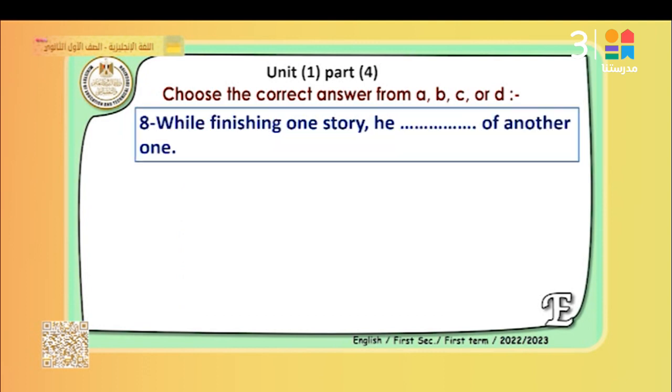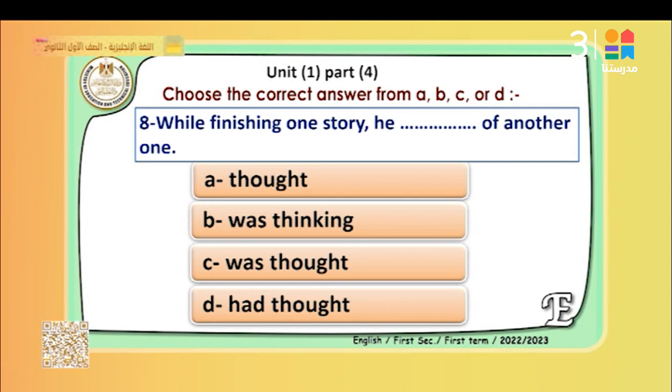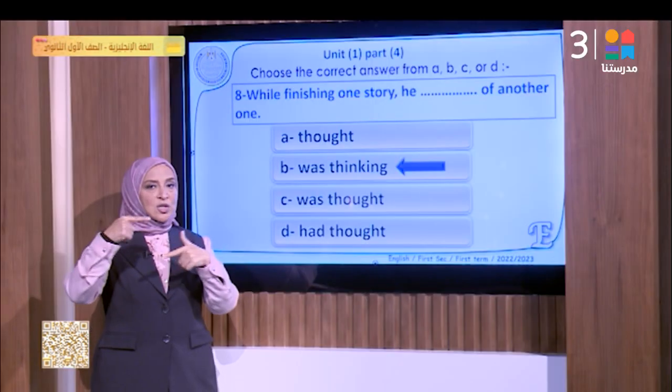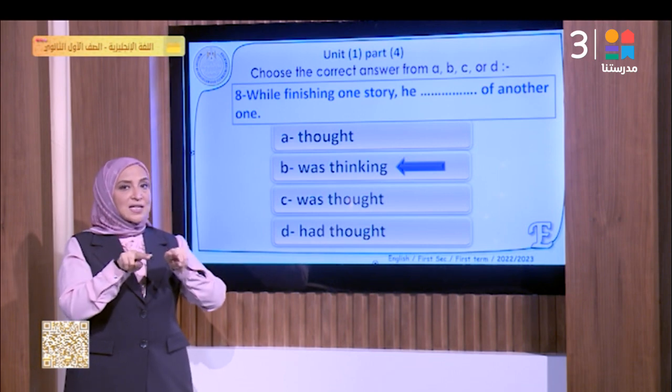Question number 8. While finishing one story, he of another. هنا while جاي بعدها الجرند وكمان الفيرب التاني هيكون while he was finishing or while finishing one story he was thinking of another. So at the same time when he was finishing he was thinking. So two actions are continuous at the same time.